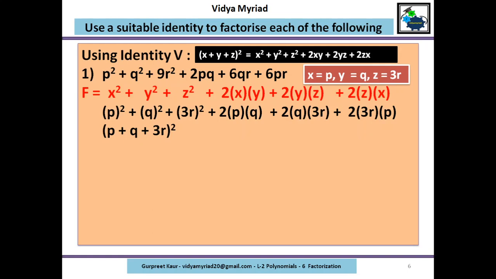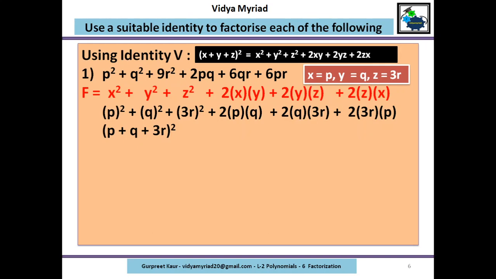Either you will be given to solve it using the identity p plus q plus 3r the whole square. In that case you will write the formula x square plus y square plus z square plus 2xy plus 2yz plus 2zx and put the values in, which means the question will become the answer of that. So you should be ready for both ways of solving that question.